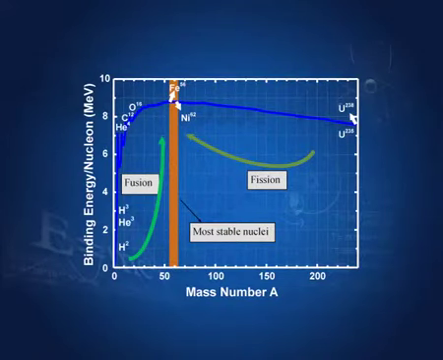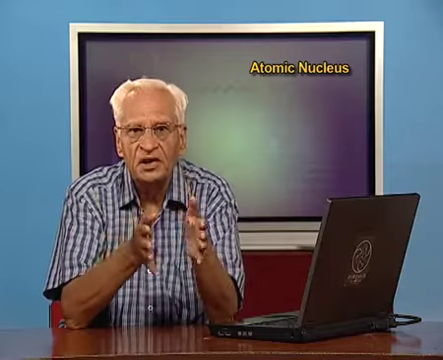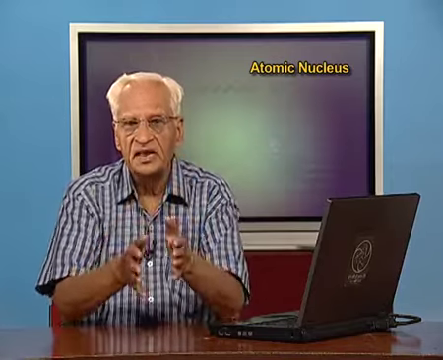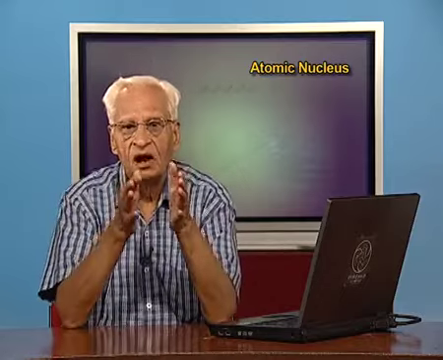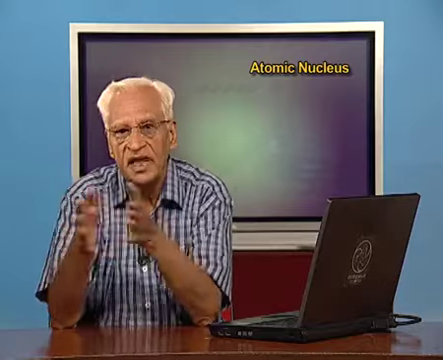Here lighter nuclei combine to give a nucleus which is more stable, and this process is fusion, this process is fission. And in both cases, the binding energy per nucleon of the product increases, and the binding energy of the product minus the binding energy of the reactants gives the energy which we get in the process of fusion or fission.